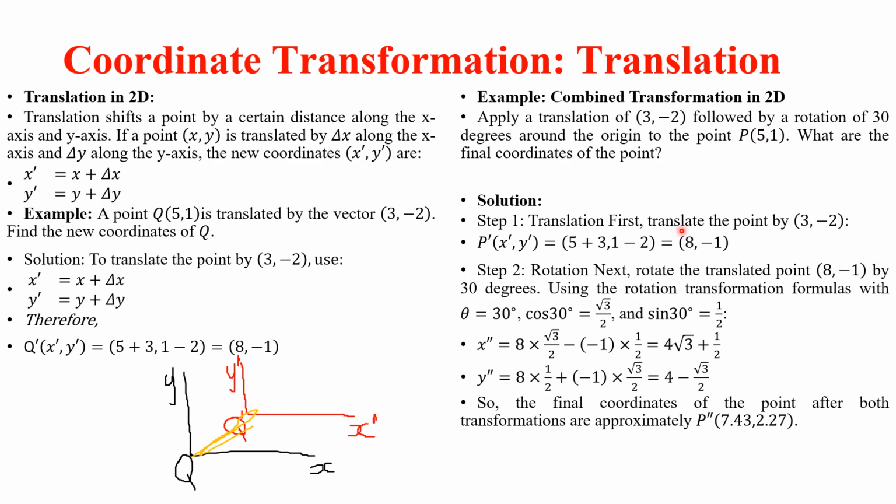When we translate this initial point by this vector, what we've got is adding 5 and 3 for the new x-axis, and 1 and -2 for the new y-axis, and that gives us 8 and -1. Of course, that was very similar to what we did here.